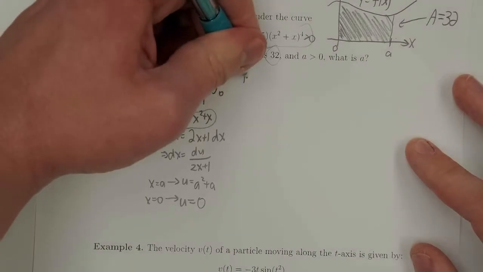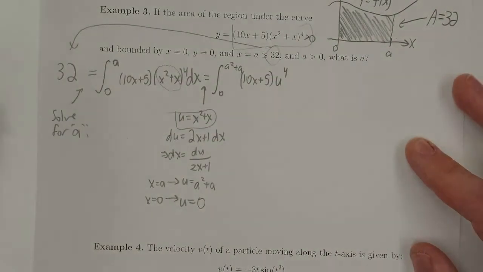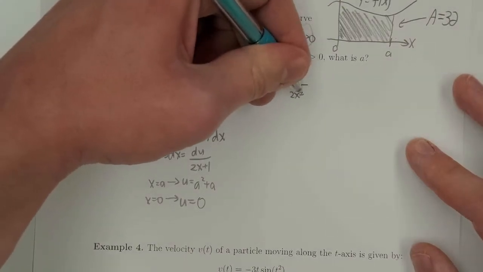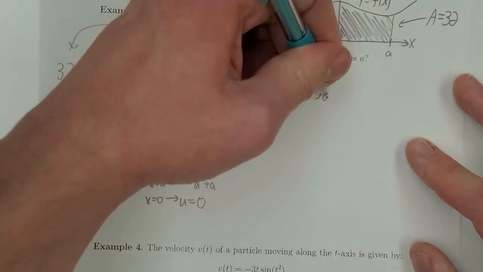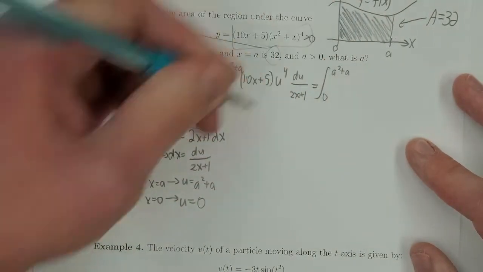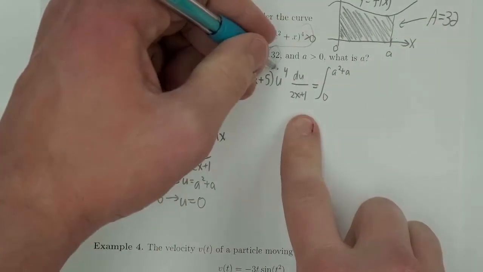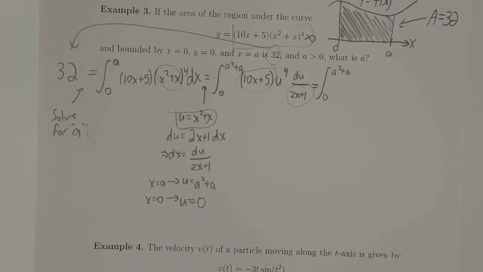So we have 10x plus 5 times u to the 4th, and then times du over 2x plus 1. So we have integral from 0 to a squared plus a. So if we take a look at these two expressions here and see how they simplify, well, what would you end up with in that case?